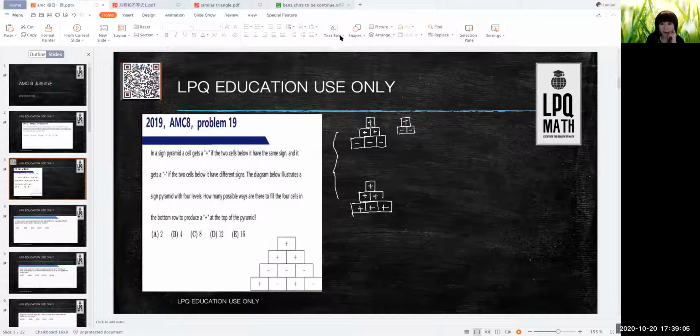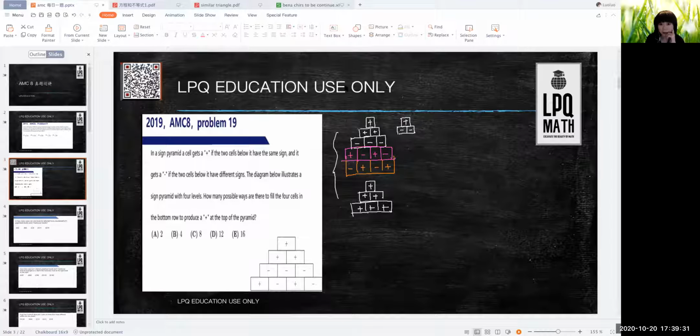Okay, so let's take a look at the fourth layer. In order to get the third layer negative, negative, negative, we can have positive, negative, positive, negative, right? But also we have another option: negative, positive, negative, positive.